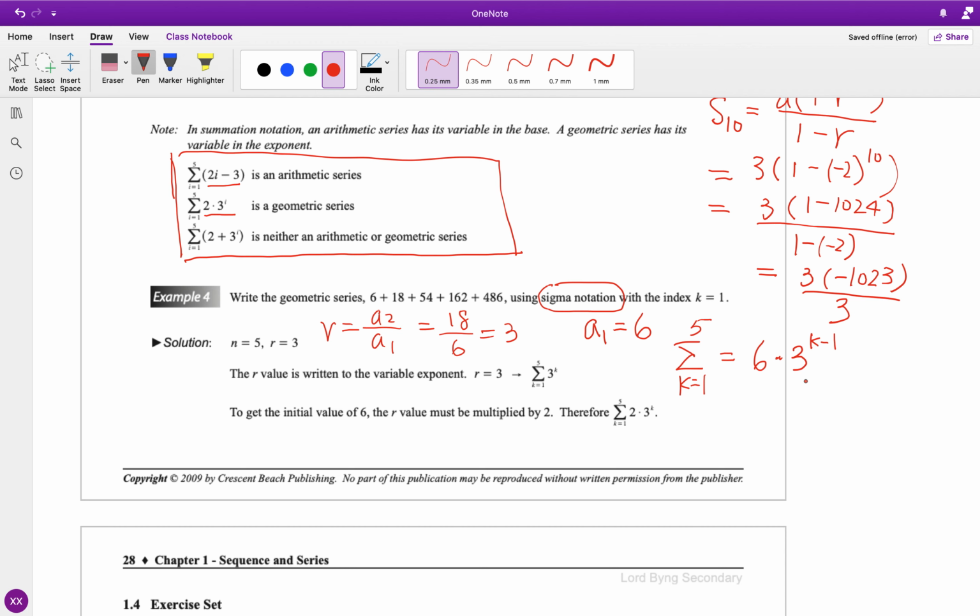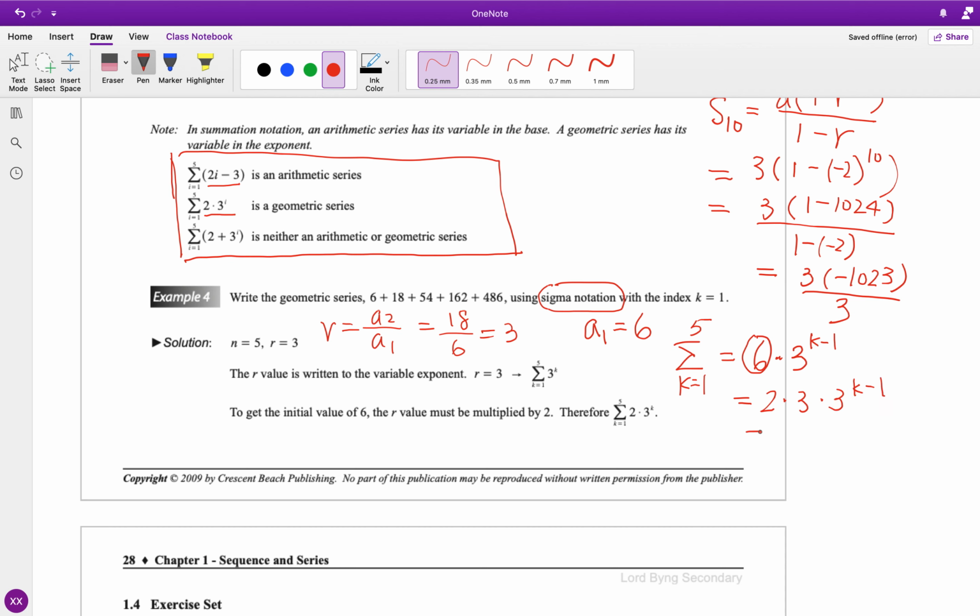But we could also revise the way to write this. The reason is that within the 6, there is a factor of 3. So we can also break this into 2 multiplied by 3, multiplied by 3 to the k minus 1.